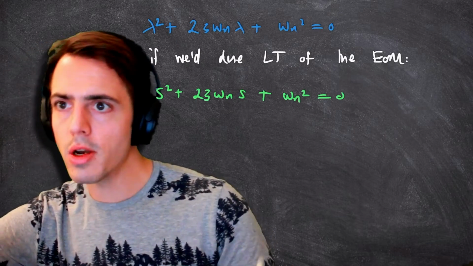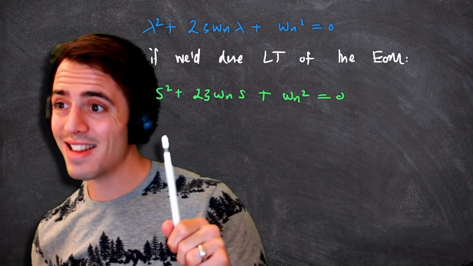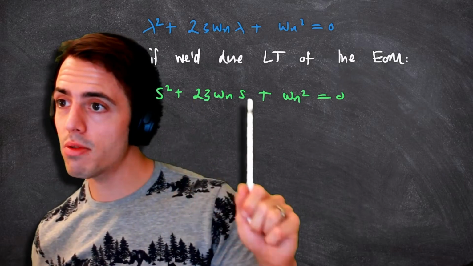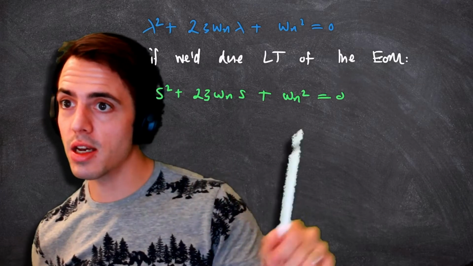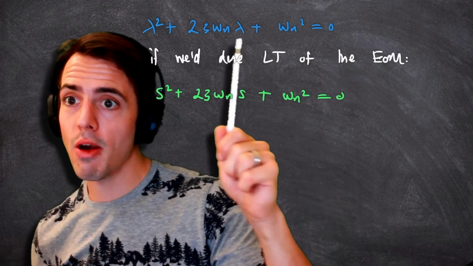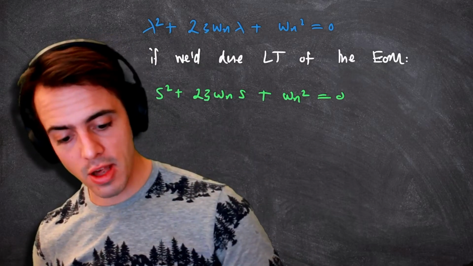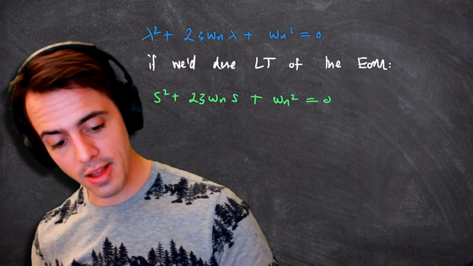And we should know from system stability and analysis that the poles of the Laplace form of this give rise to the system stability. So it follows that the eigenvalues, which are the roots of the characteristic equation, will give us the stability of the system.